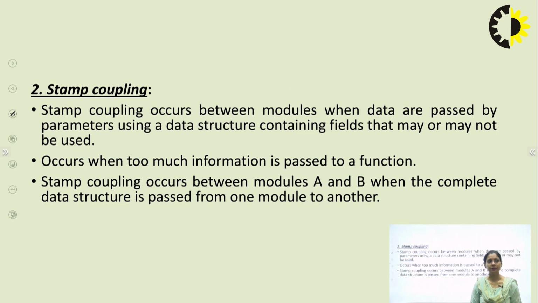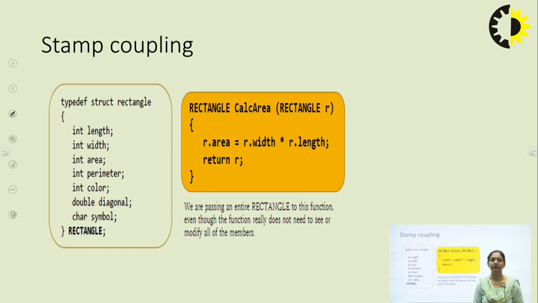Next comes stamp coupling. Stamp coupling occurs between the modules when the data is passed by parameters using a data structure. Now, the data structure could be a structure, a union, an array, or anything. Previously in data coupling, we studied that the basic data types are to be passed; here we are passing a whole data structure at one go.